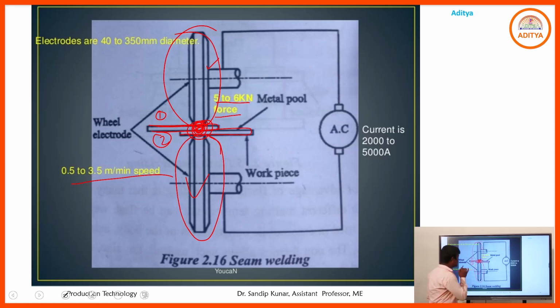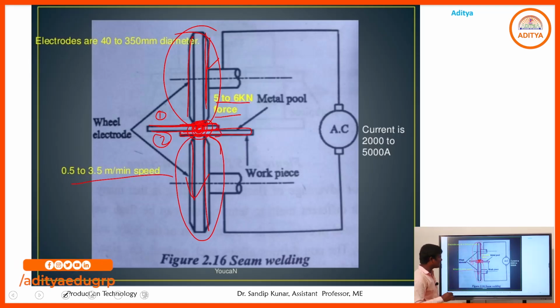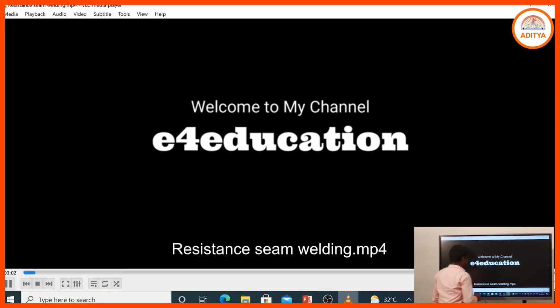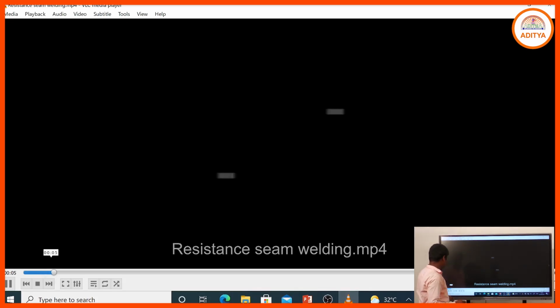During that time both the discs create pressure in that zone, and it gets welded. Current near about 2000 to 5000 ampere is supplied in that welding process. That is resistance seam welding.